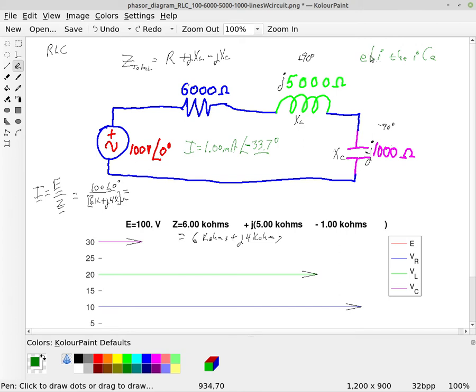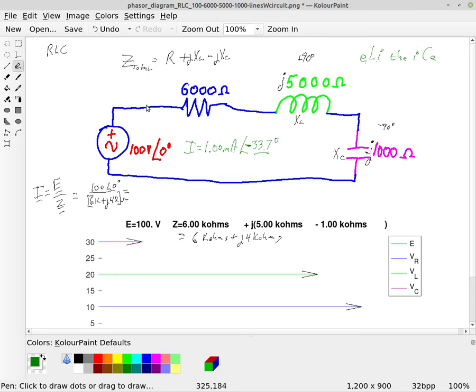Right? Eli the Iceman. In an inductor, the voltage is ahead of the current, or the current is behind the voltage. Voltage is our reference point. It has an angle of 0. So I'm expecting a negative angle for my current.